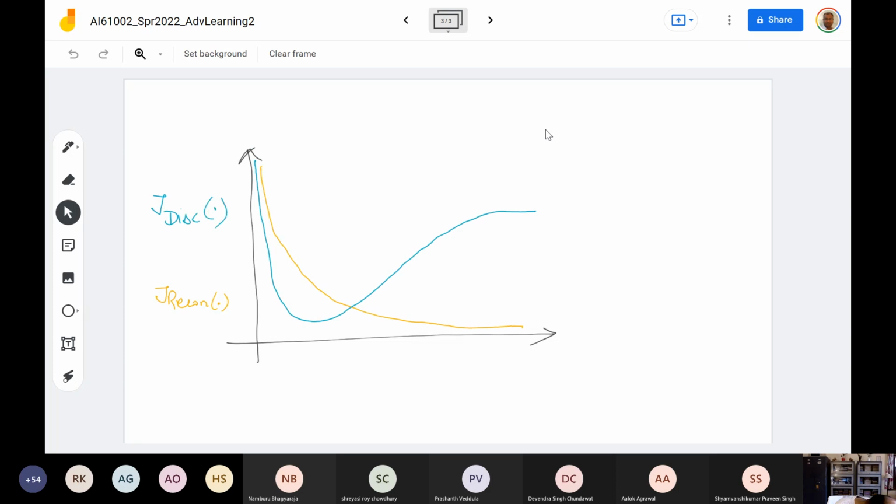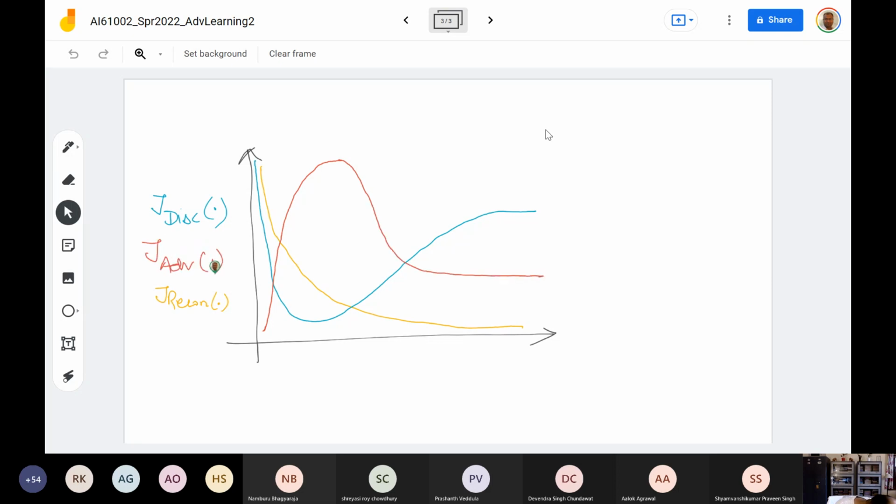If I'm looking at my adversarial loss, then it will be over here. An adversarial loss follows down opposite of discriminator loss. So it will be low, then it rises, goes to a very high, and then it will come down somewhat over here. So this is my J adversary.